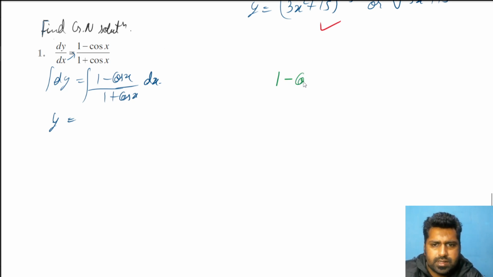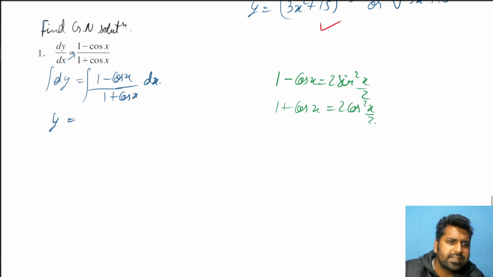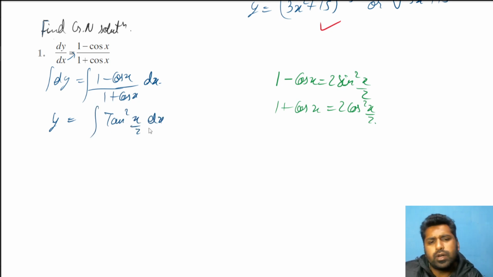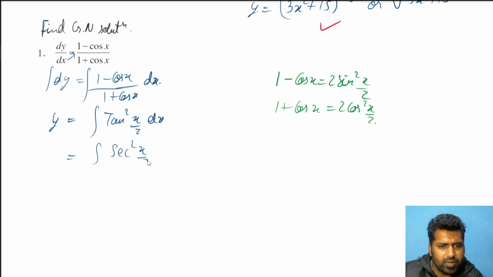1 minus cos x is 2 sine square half of the angle. 1 plus cos x is 2 cos square half of the angle. So this is nothing but sine square by cos square. 2 cancels, so tan square x by 2 dx. We know we cannot integrate tan square, but we can integrate sec square x by 2 minus 1.